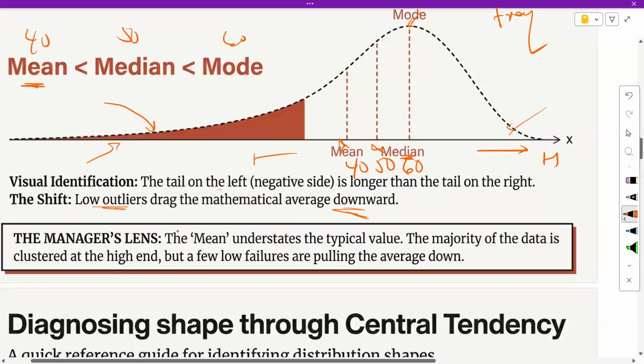Managers' lens: how managers look at this kind of scenario. The mean understates the typical value. The majority of the data is clustered at the right end. Most of the data set is here, but a few low values are pulling the average down.